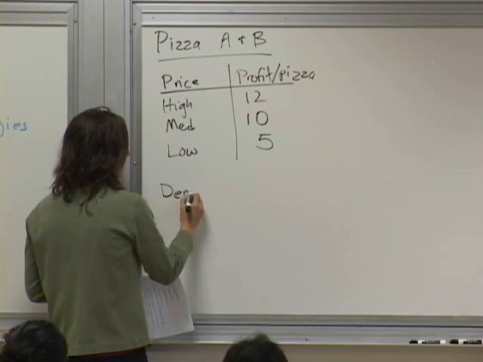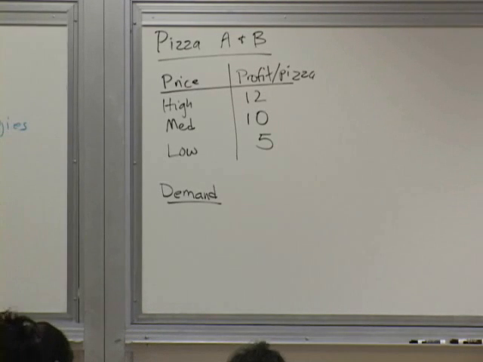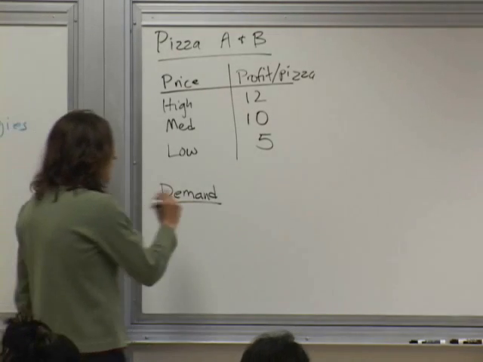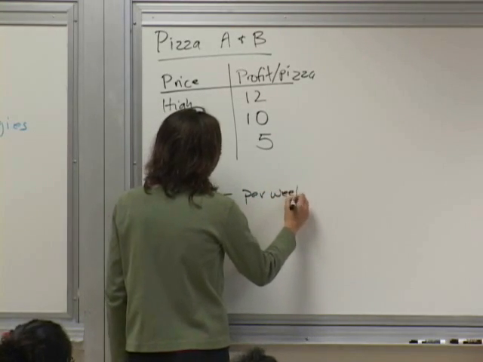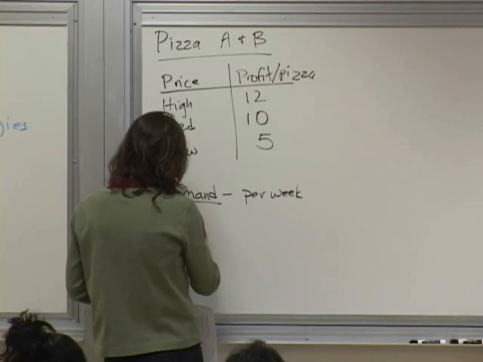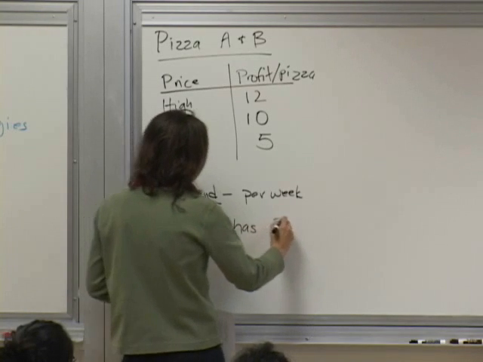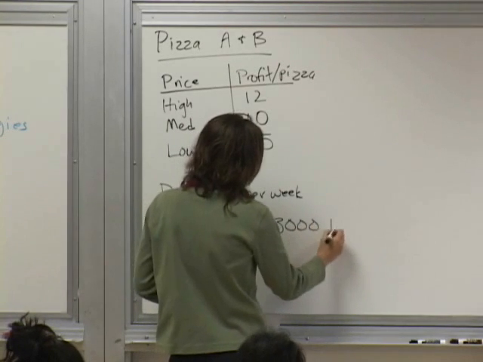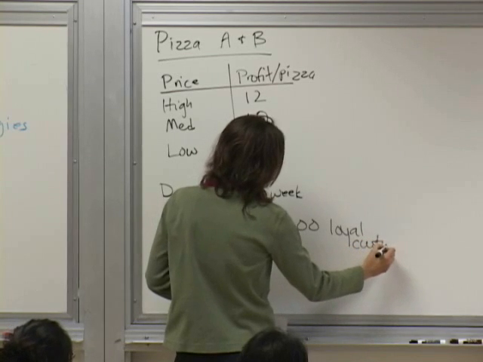The other thing we need to know is, what is the demand for pizzas? Okay. How many pizzas are people going to buy? All right. And the demand here, we're going to think about this per week. Each company has 3,000 loyal customers.